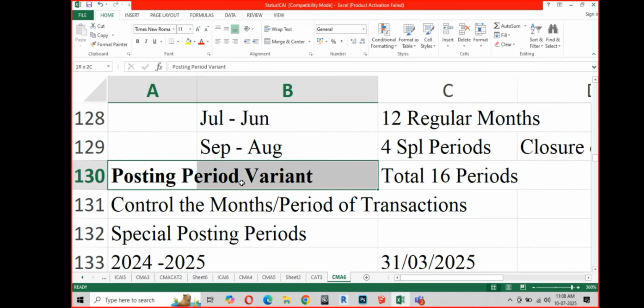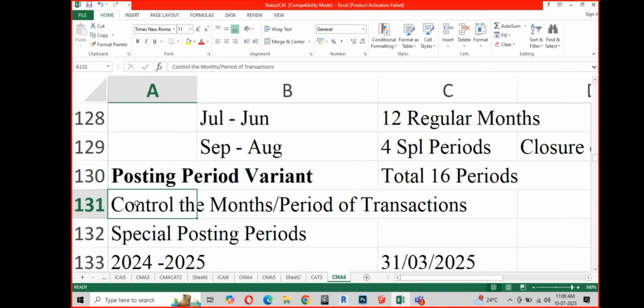So I said, can you see the line below? Control the periods. Not only does the posting period have control over in which month I am carrying out these postings, but I can also restrict the nature of what kind of a posting or what kind of a transaction I can or I may not.